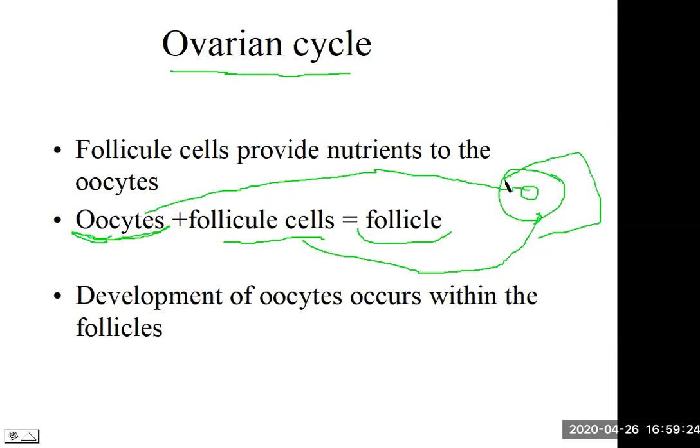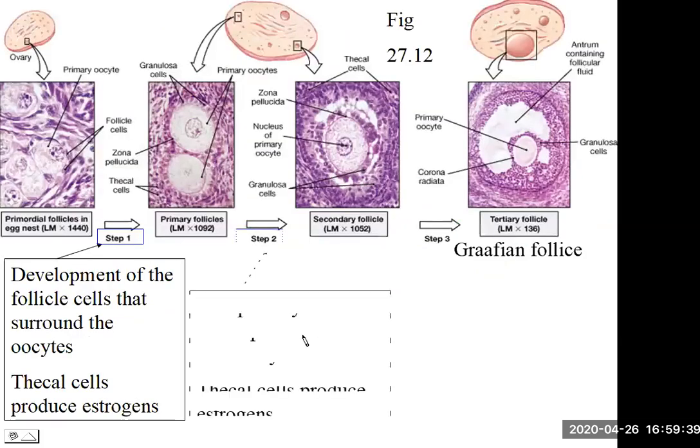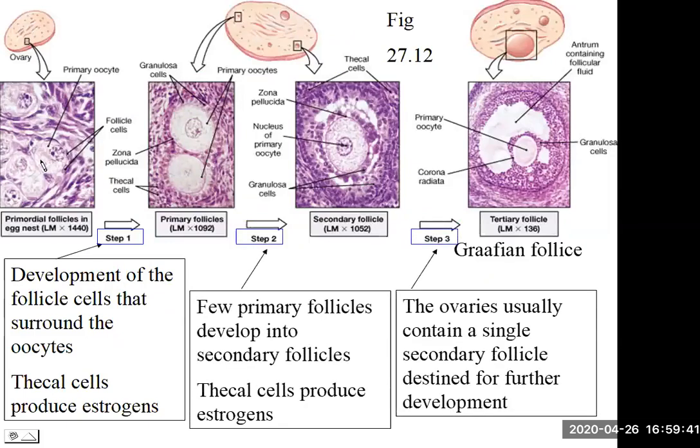Well, within the follicle, the bordering cells are giving nourishment to that still maturing oocyte, and we'll work through the stages that occur within. So starting with the eggs that are produced before birth, what's known as the primordial follicles, and the egg nest.